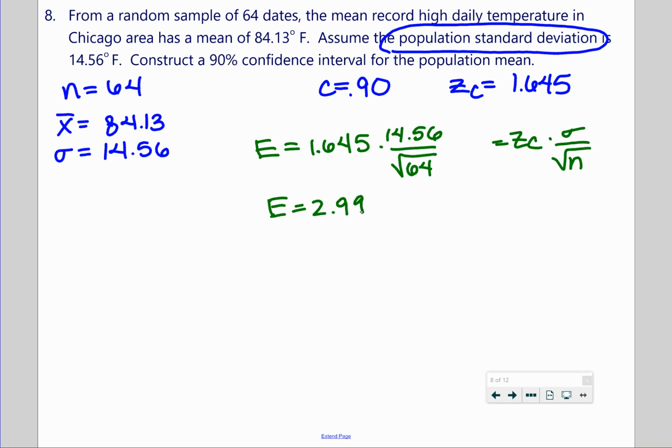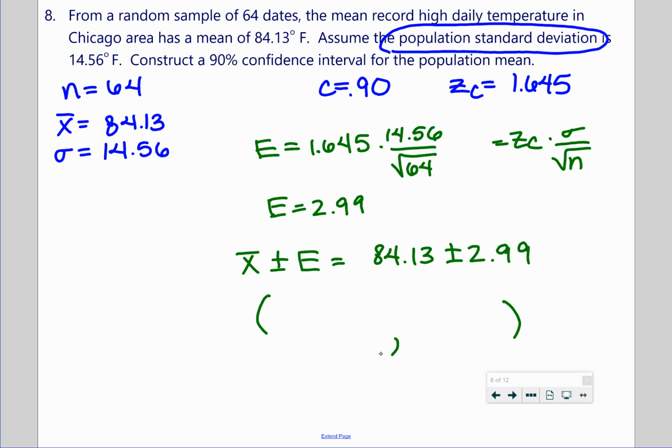Okay, so now to get my confidence interval for the population mean, we're going to take X bar, add and subtract my margin of error. So 84.13 plus and minus 2.99 gives me my confidence interval.